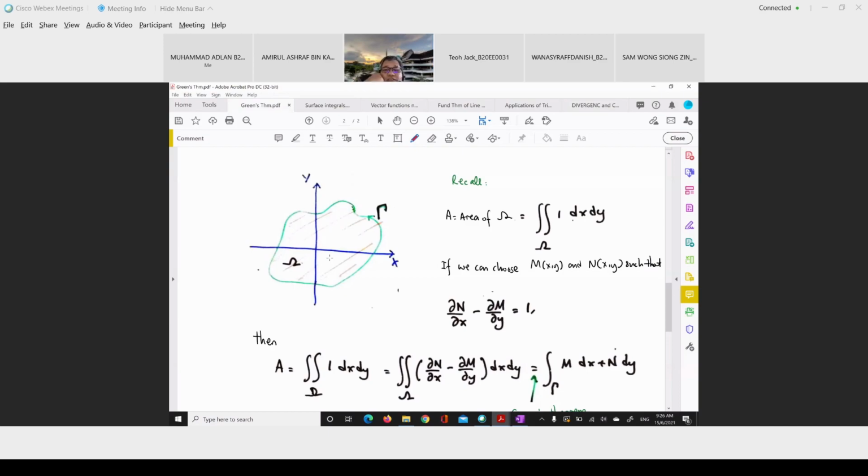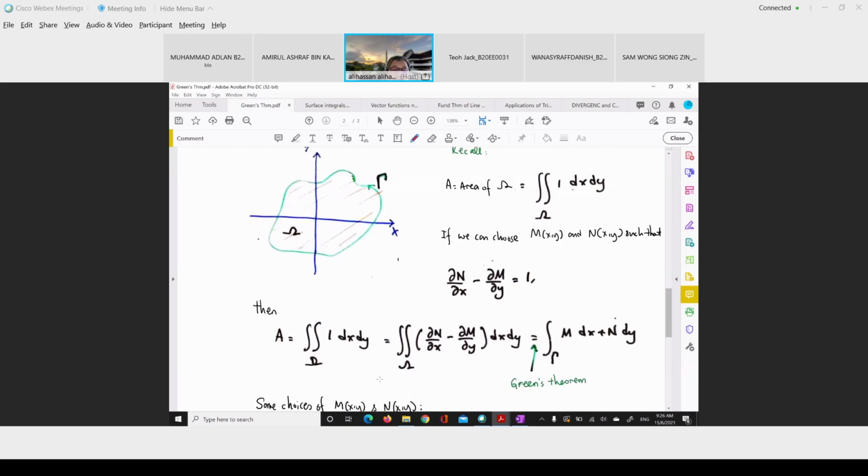Suppose we can choose M and N such that N partial x minus M partial y is equal to 1. Then by Green's theorem, this double integral is equal to the line integral of M dx plus N dy.